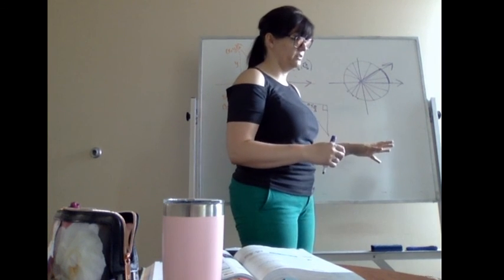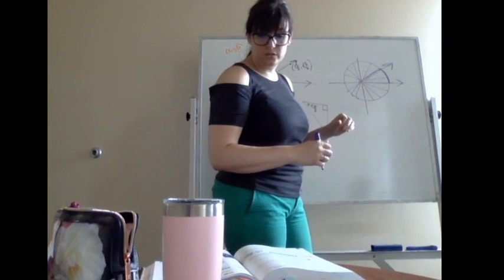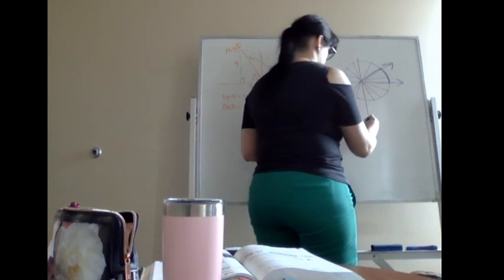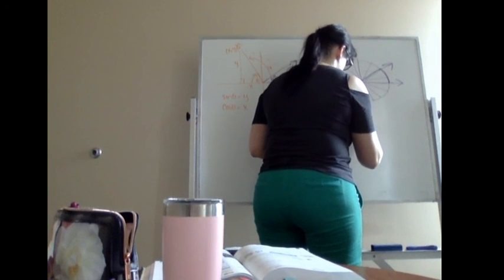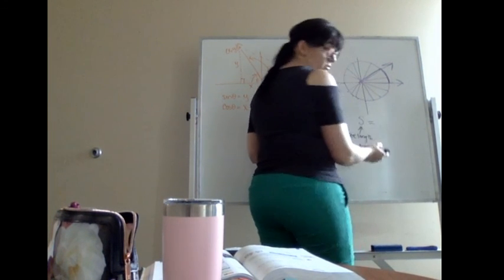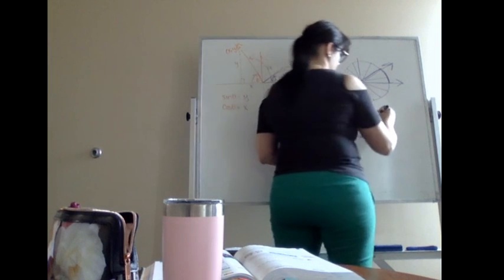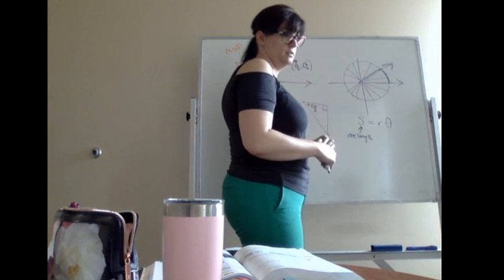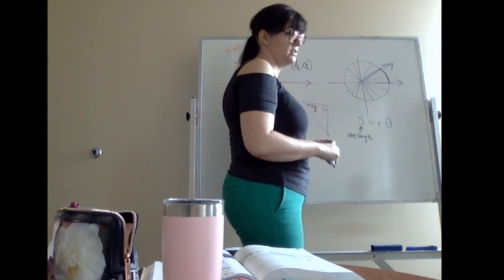So there's a formula, and the angle is involved. So arc length, which is S. S is the arc length. It's equal to r, which is the radius, times theta, theta being the angle.